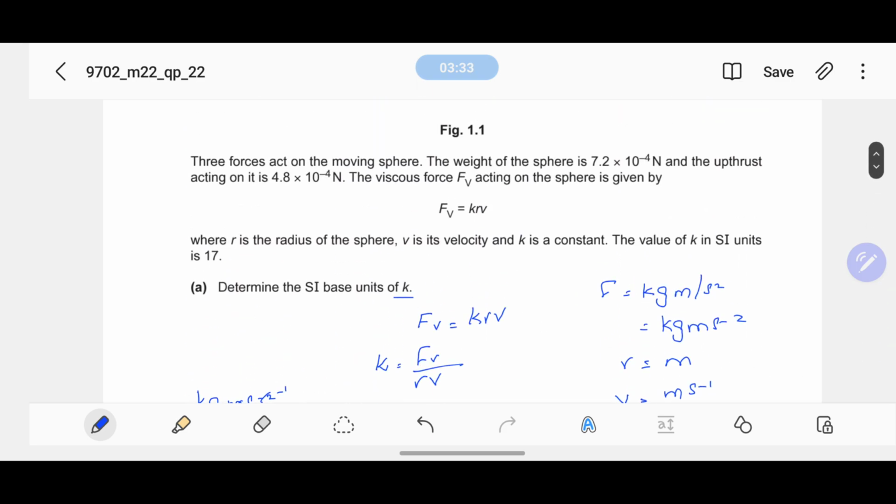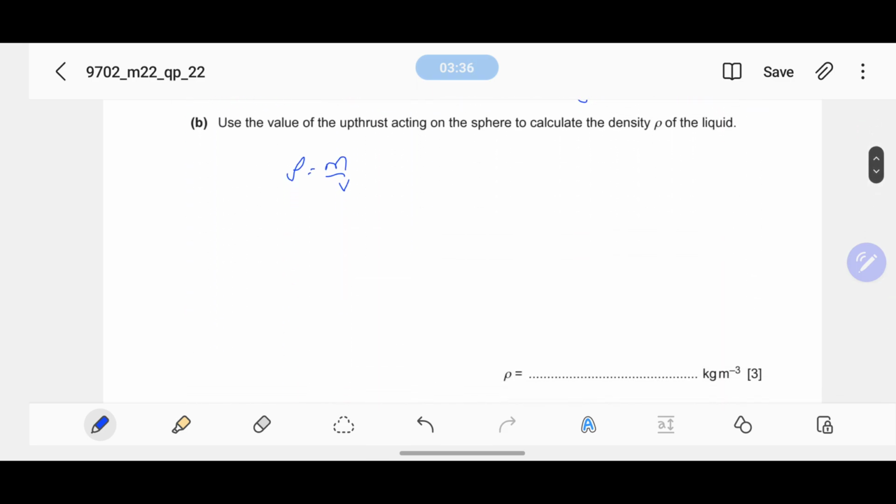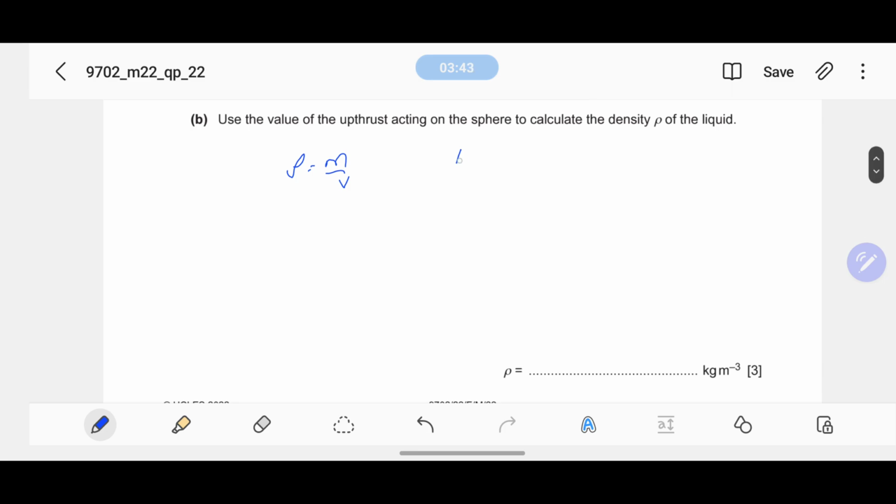The next formula is for pressure in a liquid: pressure equals rho g h. Pressure is force over area, so force over area equals rho g h, and if I multiply area by height, it becomes rho g volume. I already know the value of F, I just need to find the volume in order to get the density.